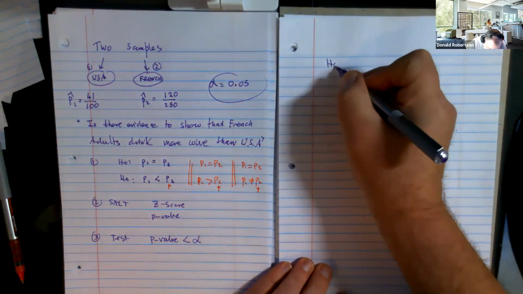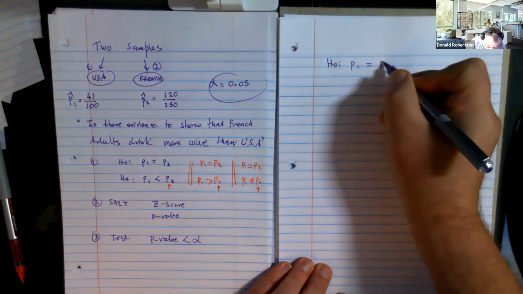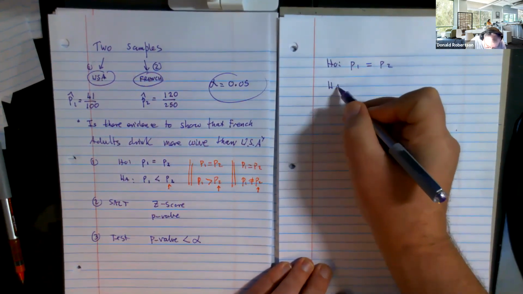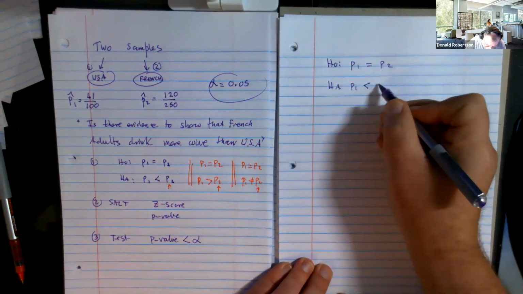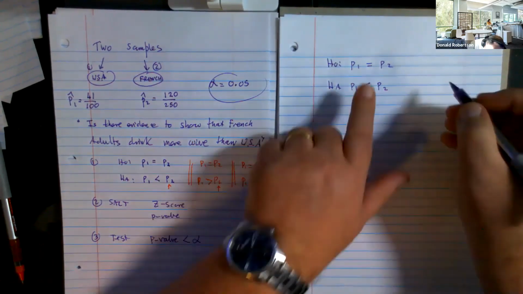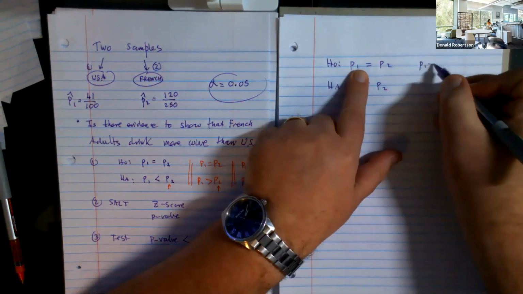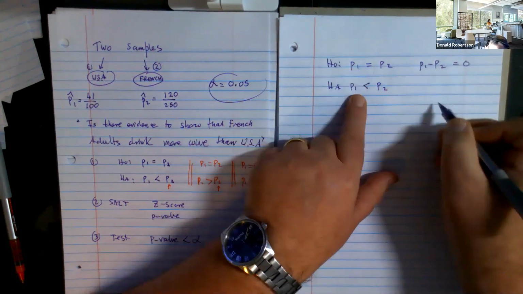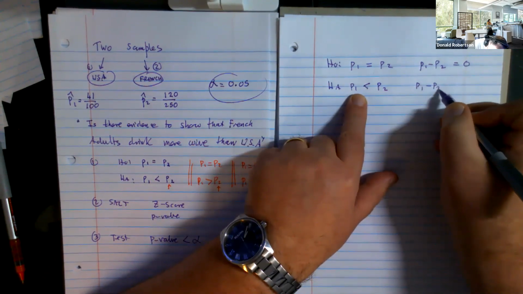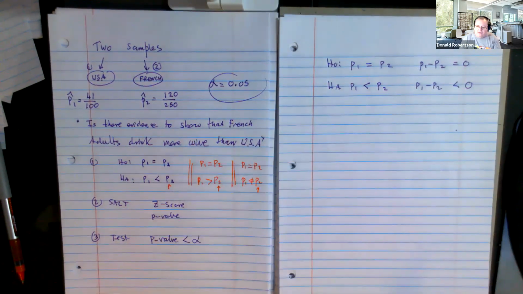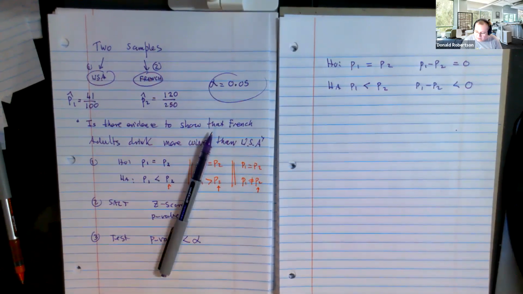The one that we're dealing with is that guy, and the alternate was that guy. This is the same thing as saying the difference is 0. And this is the same thing as that the difference is less than 0. So if I go back now, I'll show you how we can do what they just said so that it works in SALT. The difference is 0, which is fine, and that it's less than 0.